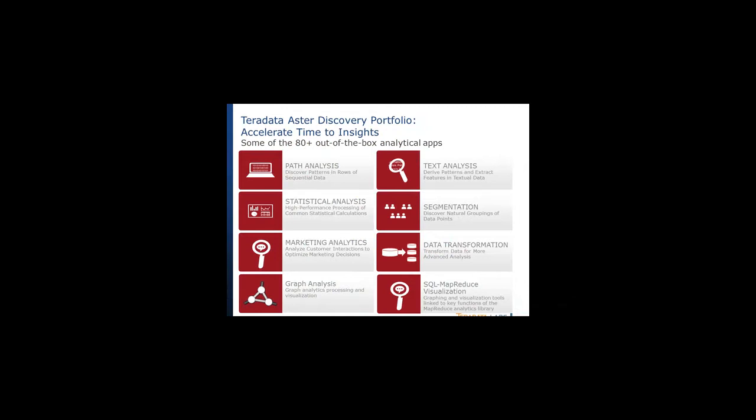The final benefit of SQL-H is the analytic capabilities that you get in the discovery platform. So with Aster, we have spent a lot of time developing different out-of-the-box analytic functions that really help the business analysts become data scientists, if you will. It leverages languages like SQL, MapReduce, or frameworks, I should say.